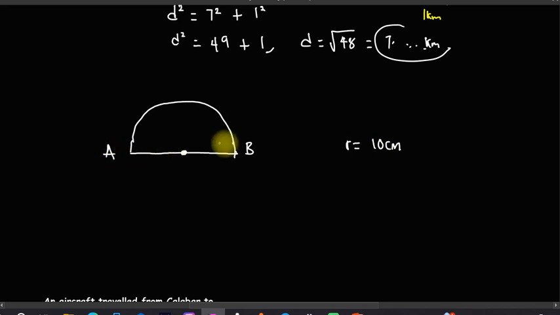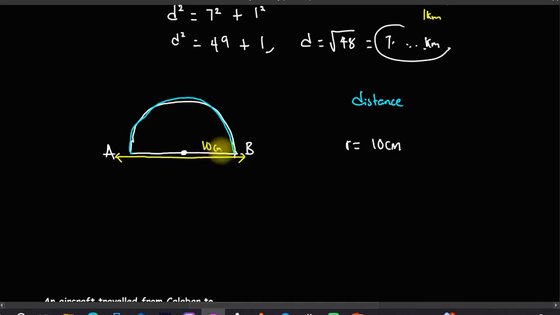Calculate the distance between point A and B, the distance and the displacement. From our knowledge of distance and displacement, the distance is going to be along the circumference from point A to B, while the displacement is going to be in a straight line from A to B. So if they ask you what the displacement is, you already know the answer.